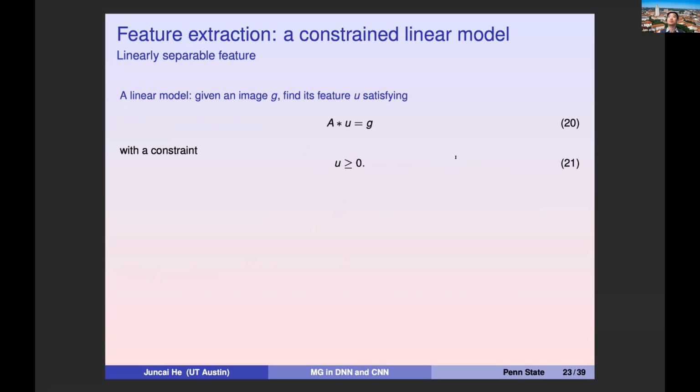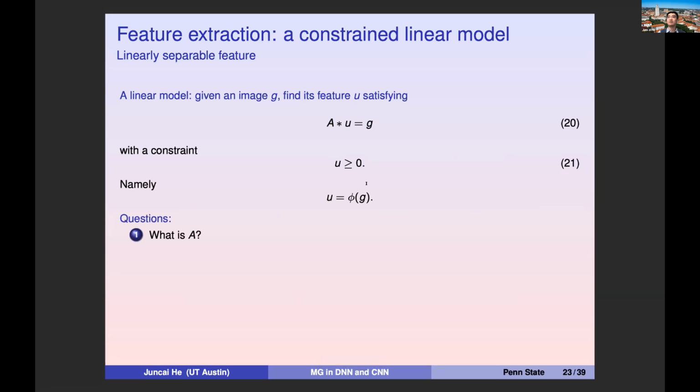So we hope to understand this basic block from this simple model, this constrained linear model. Originally, you just want to solve for this feature, right? You want to use the feature to do image classification. Originally this is just a pure linear system, but you have this nonlinear constraint. Namely, you want to recover this phi.